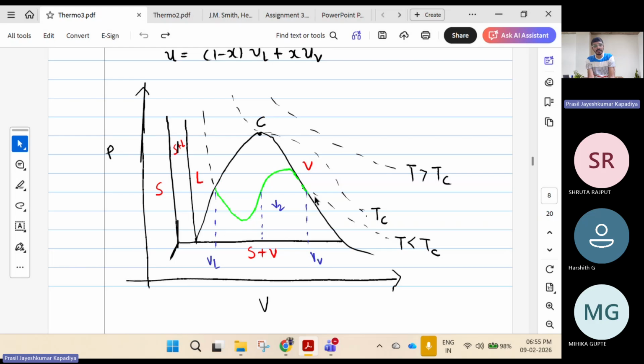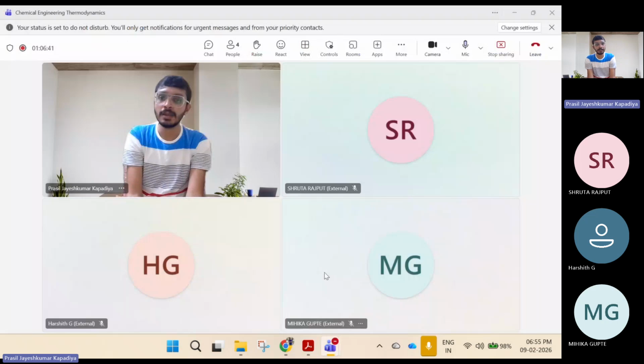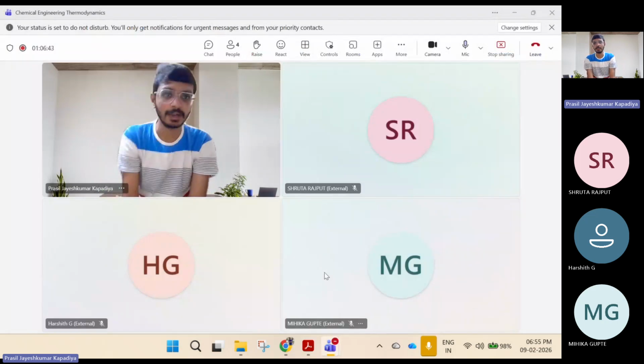So what does it mean when it follows a curve like this? When I'm going from this transition to this transition, pressure is also increasing and volume is also increasing. Is this the true behavior of any gas, that pressure and volume can both increase simultaneously?